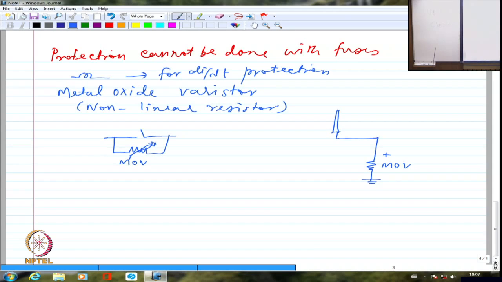So the building and whatever is around will be protected. This is the basic principle of a lightning arrester. It doesn't really arrest lightning. It is actually a surge diverter, diverting the surge through a non-linear resistor. A similar principle is employed for the protection of a MOSFET against over voltages.